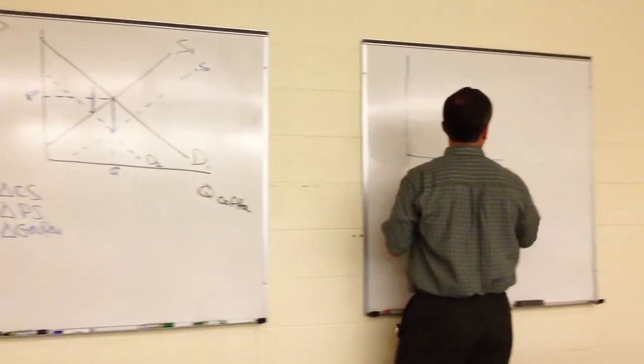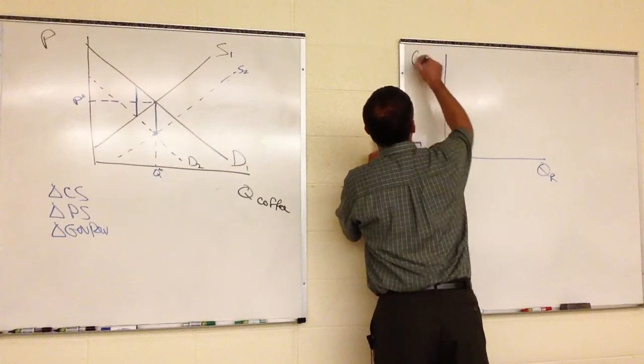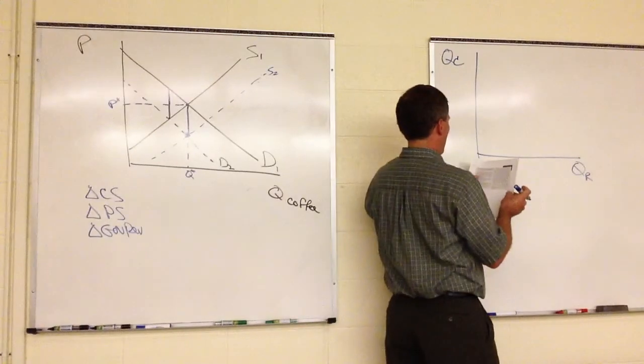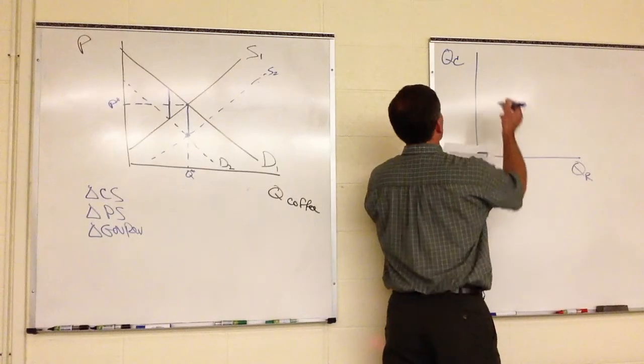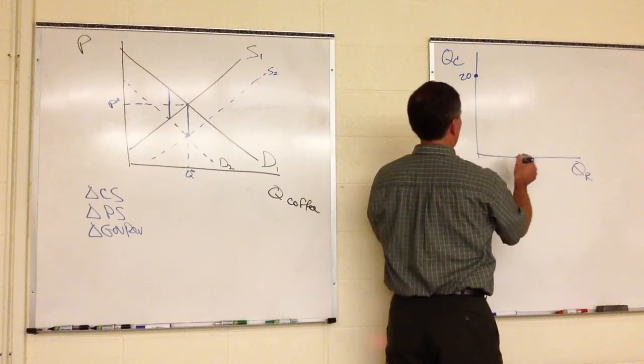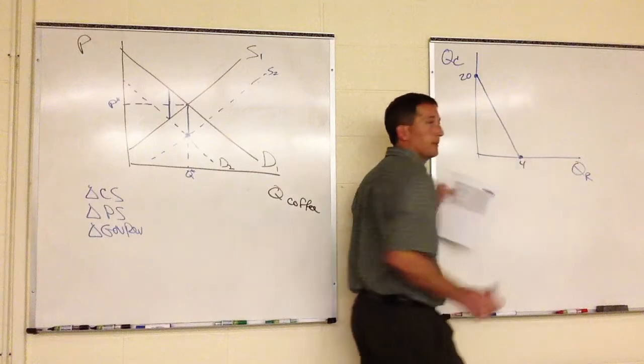Yeah. So quantity of rentals and quantity of candy. Candy was $1 each, so we could have 20. And games were 4, so 1, 2, 3, 4. We could be anywhere in between.